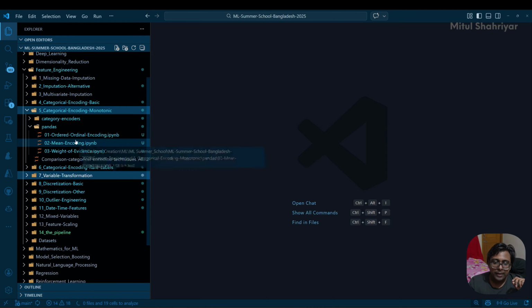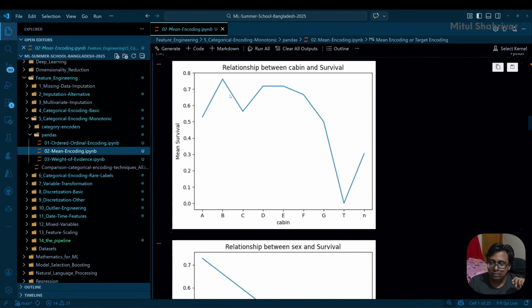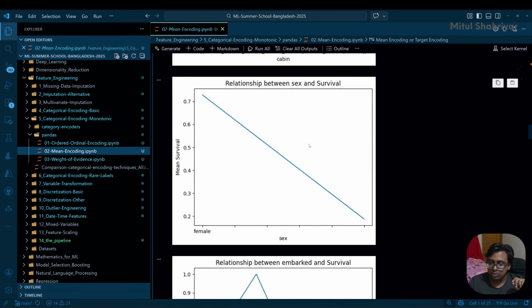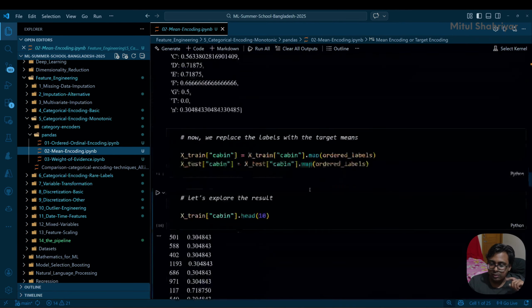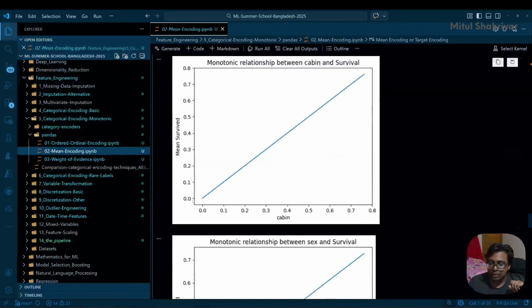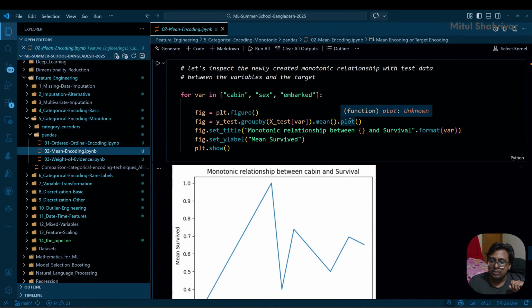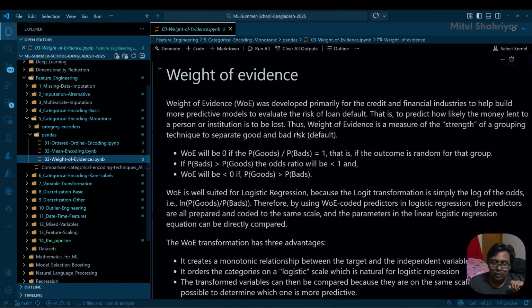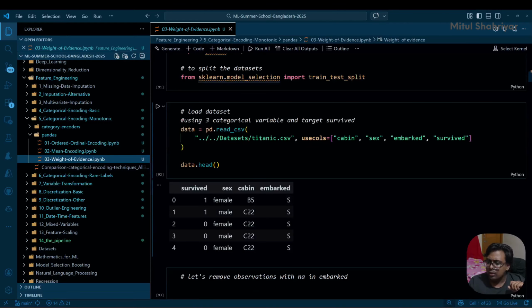Great. Then mean encoding, same. Before that, you can see it was decreasing. After using the mean encoding, you see, increased. Great. And for weight of evidence, it's important that we're working with the Titanic data, because there is survival, right?